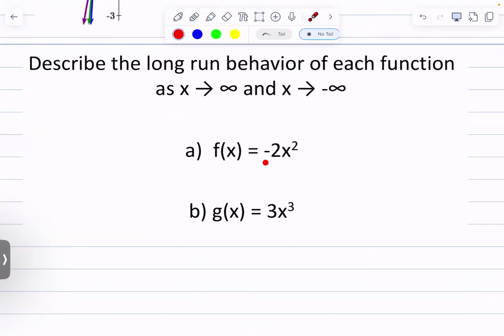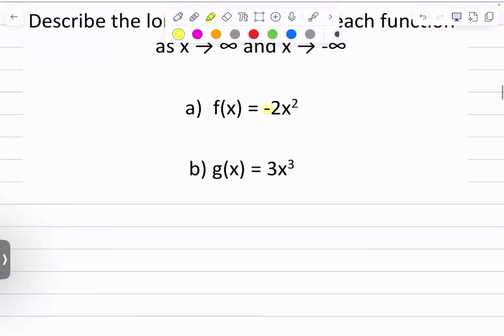We know what the negative does. The negative is going to flip it on the x-axis, and so that's something to be aware of. But in general, we might have a multiplier on here. That's okay. The same general shape applies, but now it's been flipped. And so here, this means it's flipped on the x-axis.